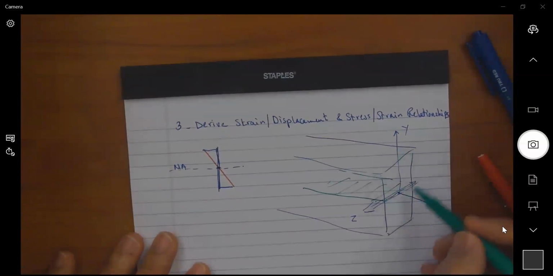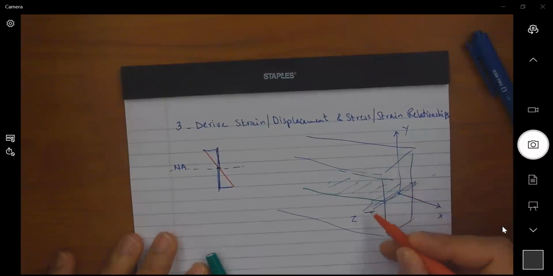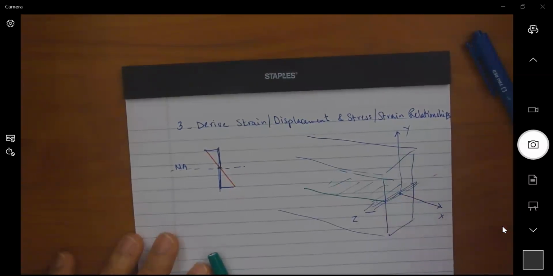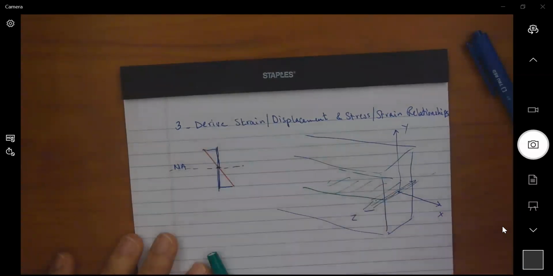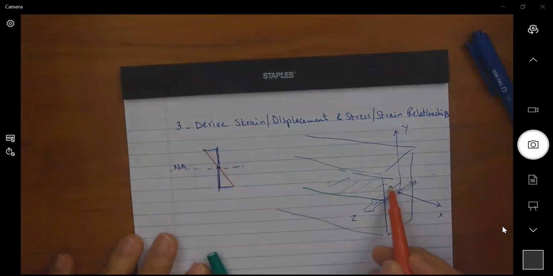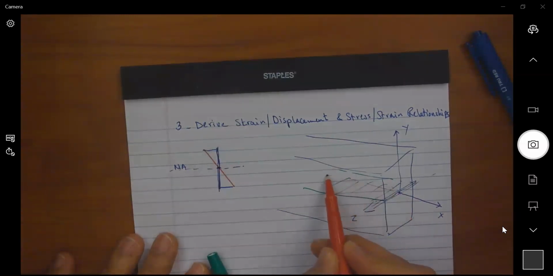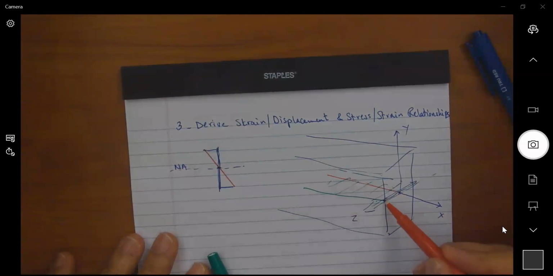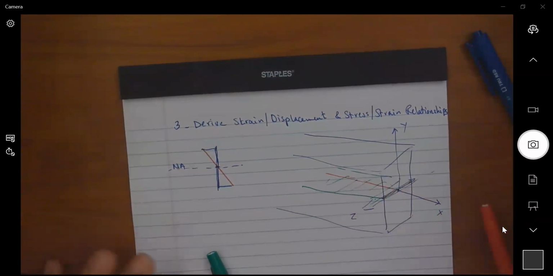If I'm looking at a cross section, I may refer to this as the neutral axis. If I'm looking at the direction along the x-axis, like what I'm doing here, I'm referring to this as the neutral axis, or this as the neutral axis, depending on how I'm looking at it.